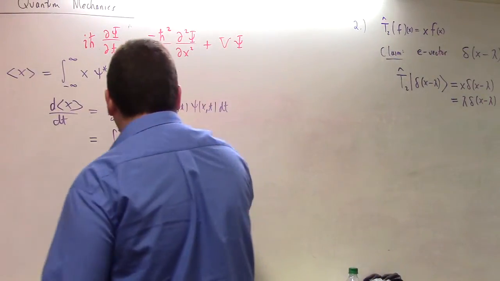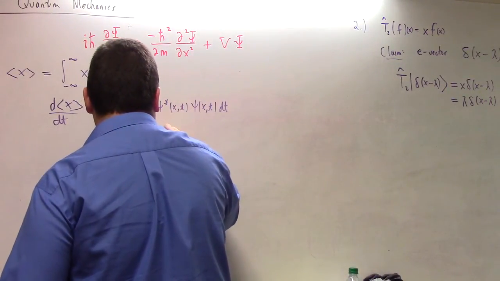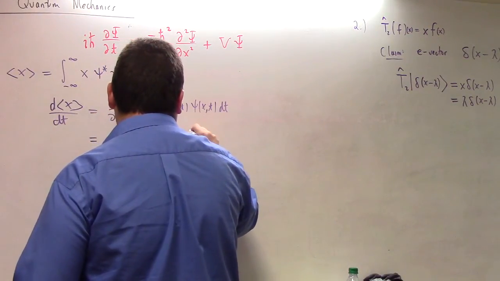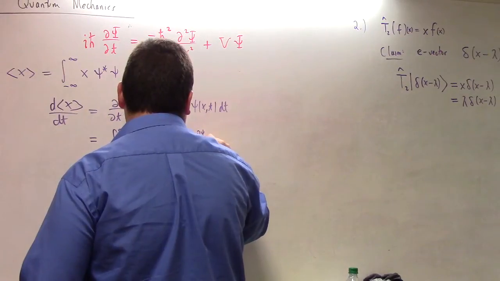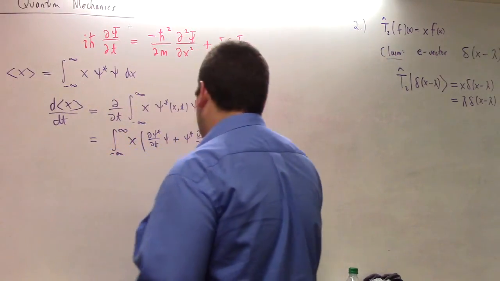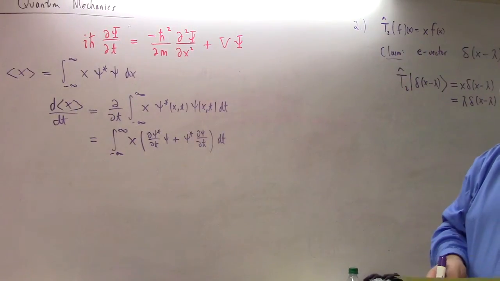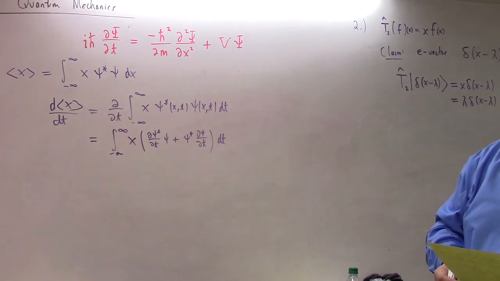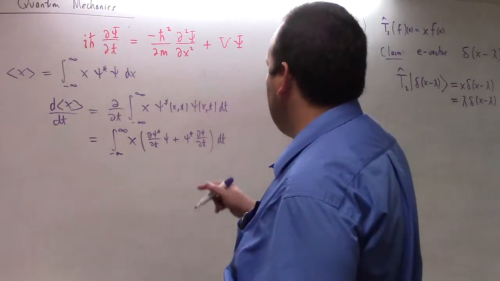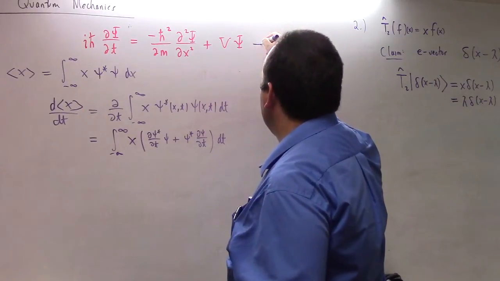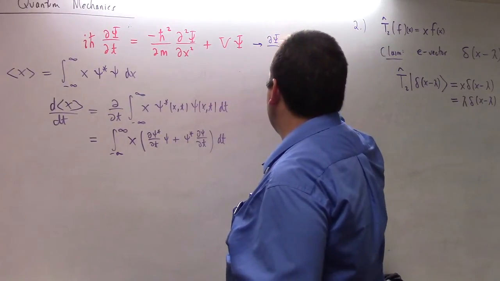Then we get partial psi star partial t times psi, plus psi star times partial psi partial t, using the product rule. And of course then we can trade those. See what we can do up here? This can be rewritten as partial psi partial t equals what?